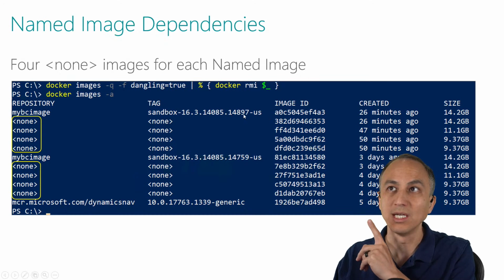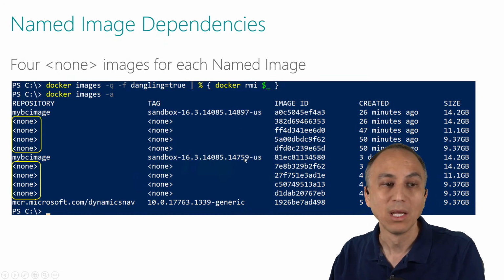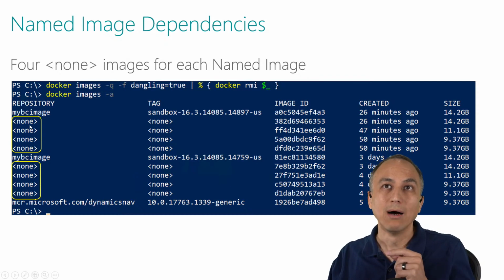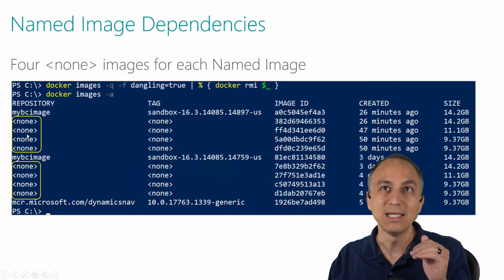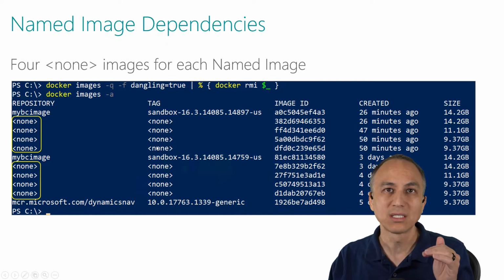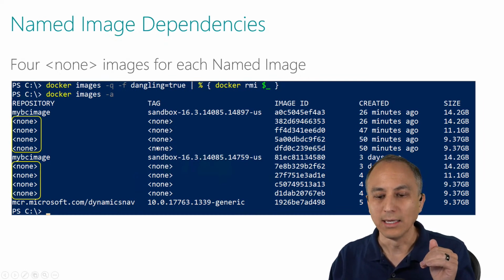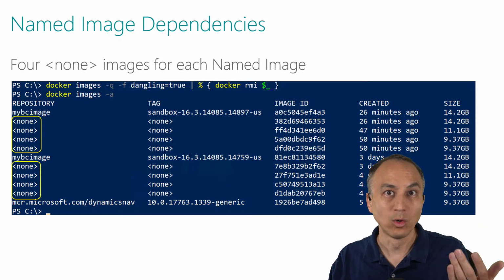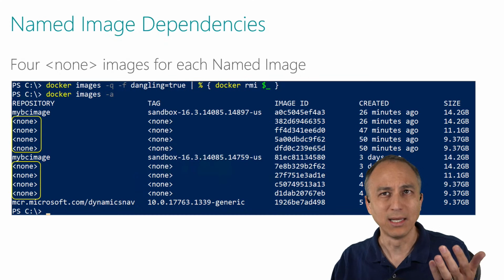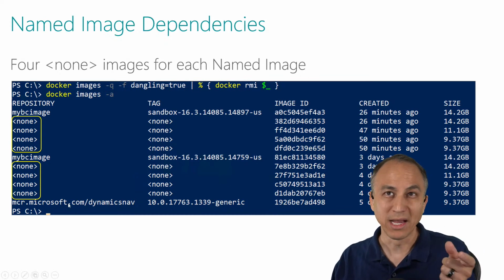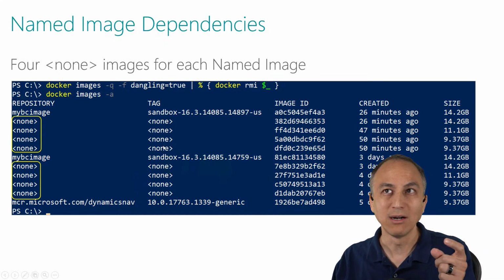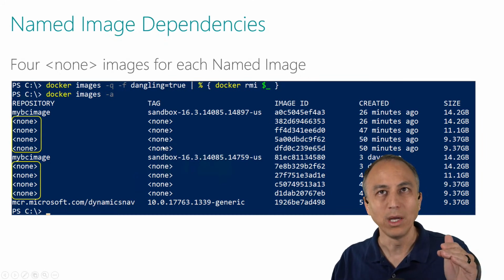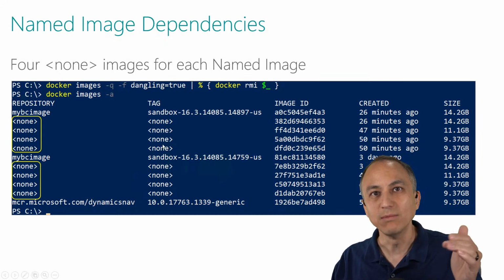So here we have 14.897 and 14.759, but underneath those, I see these nones, and I've seen the none previously when a given image got old or expired and was replaced. I don't quite understand the mechanism for that, but I was seeing it now here, and there are 4 of them per named image.